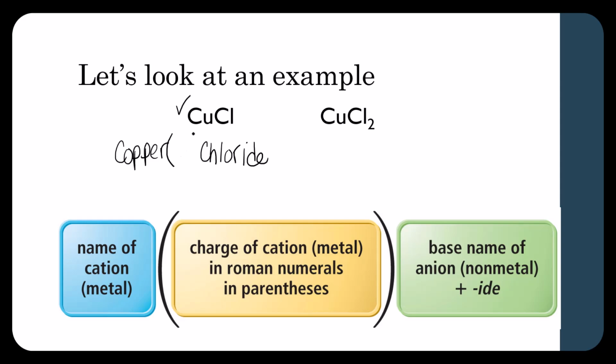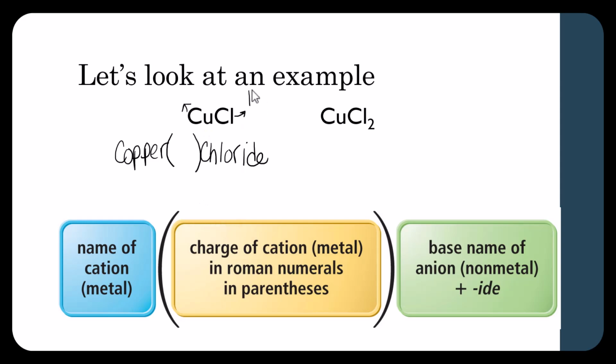Now we need to go back and tell the viewer what the charge is. The thing that we're going to use is the fact that this formula is electrically neutral. Chlorine is one of our main group elements. It's very predictable. It always has the same charge, a -1 charge, always. If this is, in fact, electrically neutral, and it is, we now need to predict what the charge is going to be on this copper.